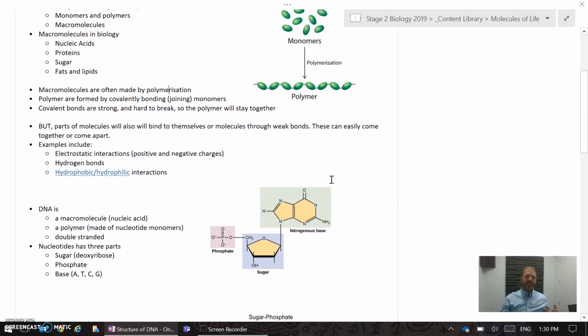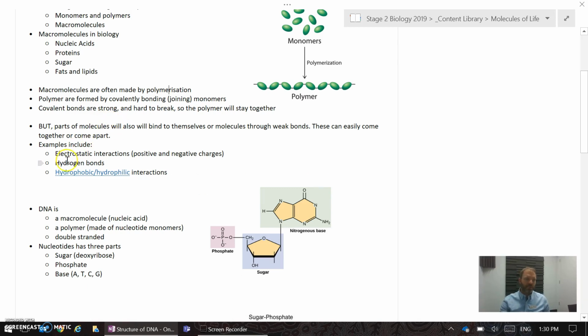But these polymers and other macromolecules, in order to function, they need to make associations or weak bonds with other molecules. So there are other types of bonds where molecules will stick together a little bit temporarily and come apart. So covalent bonds join those parts together. These weak bonds allow them to interact.